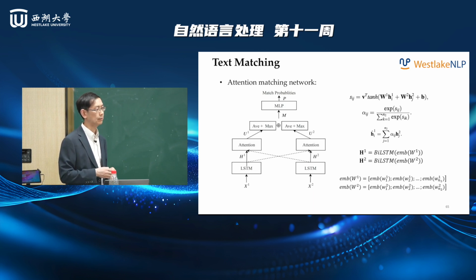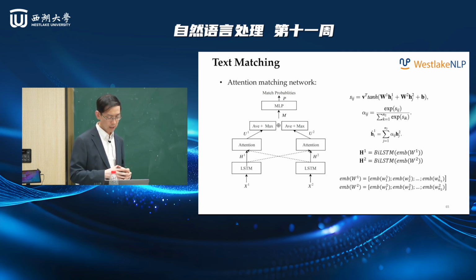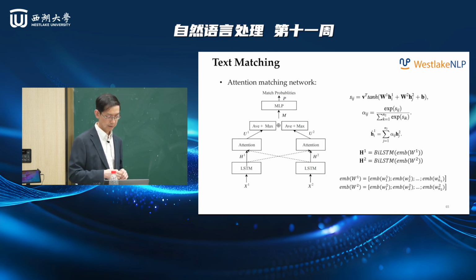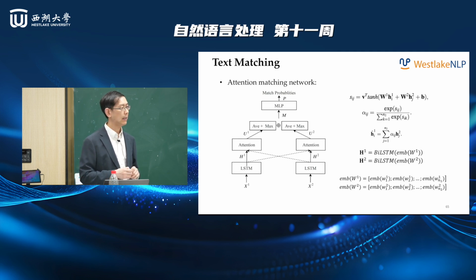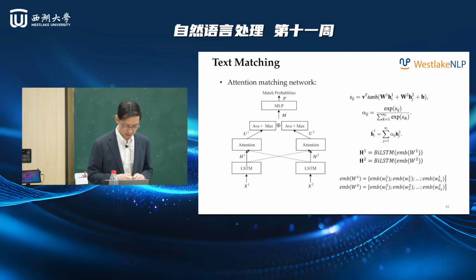That's cross attention. Okay? Equations are like this. I calculate a score by using H1i and H2j as inputs. And then I normalize these scores across j. And I use the normalized weights to sum up H2j as H1i hat.